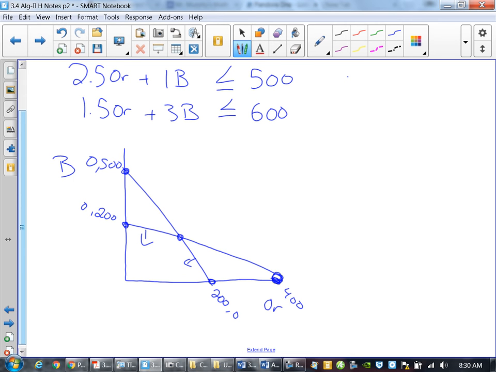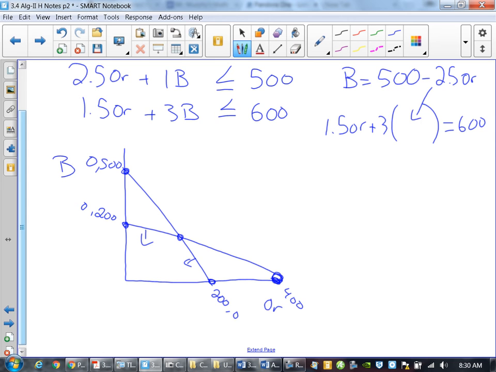Well, this one again, I'm going to use substitution, because if you look at that first equation, don't I have b almost by itself? So I'm going to say that b is 500 minus 2.5 OR. So 1.5 OR plus 3 times that is 600.